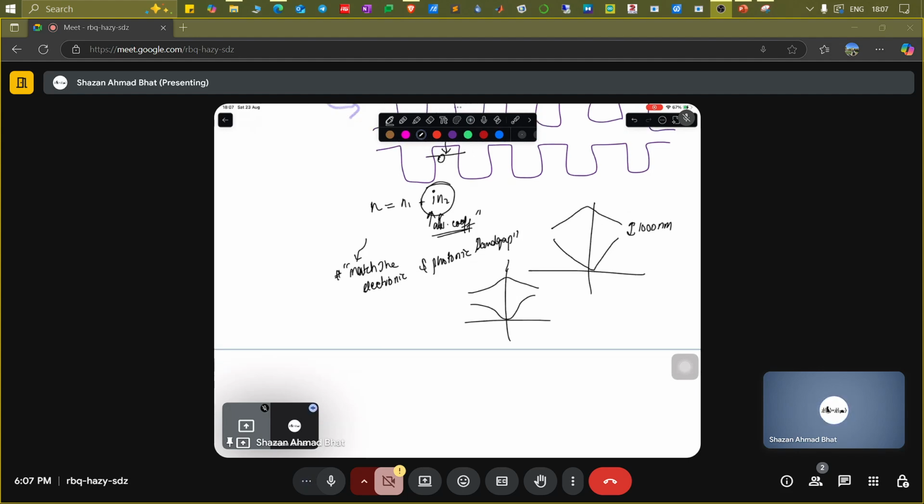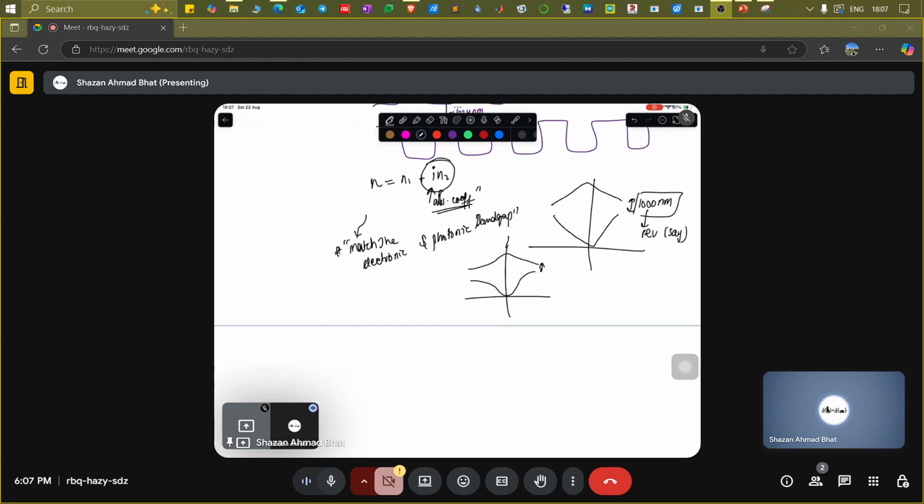Let's say 1000 nanometers corresponds to 1 electron volt. I'm saying it as an example. And let's say this electronic gap was one electron volt. Then obviously this is going to get absorbed and electron hole pairs are going to get generated. That is what I mean. So both of these govern the absorption and the transmission of these electromagnetic waves inside the structure.